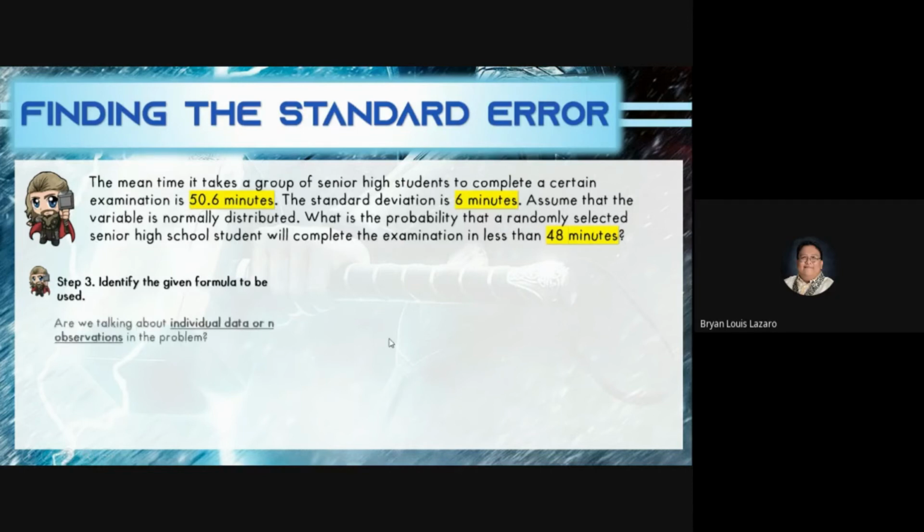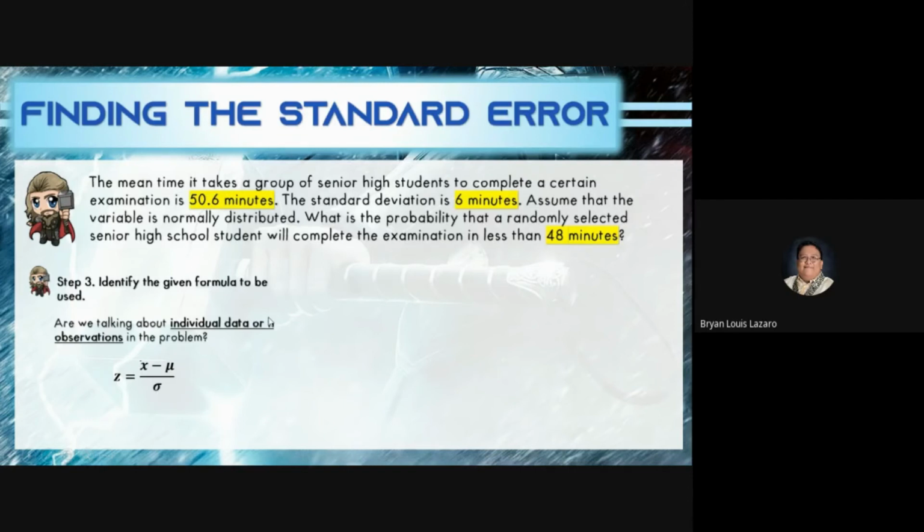Ibig sabihin 1, di ba? Ibig sabihin, dito sa tanong na to, are we talking about individual data or observations in the problem? Syempre, individual data kasi isa lang naman siya. A randomly selected senior high school student. Therefore, the formula that we're going to use is Z is equal to X, or the sample mean, minus the population mean all over the standard deviation.